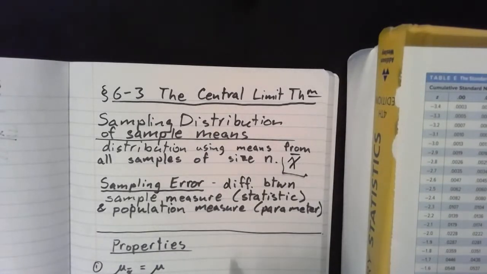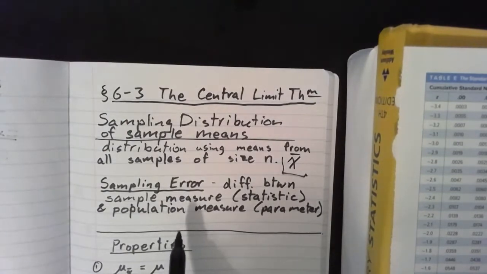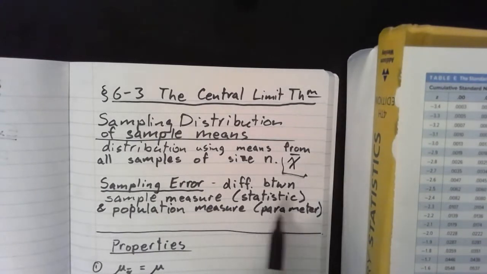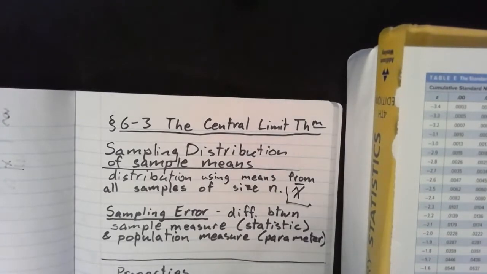Sampling error is the difference between the measured value computed from the sample, which we refer to as the statistic, and the measured value computed from our population, in other words, the parameter. This distribution is something we can examine with a whole lot of fancy mathematics.